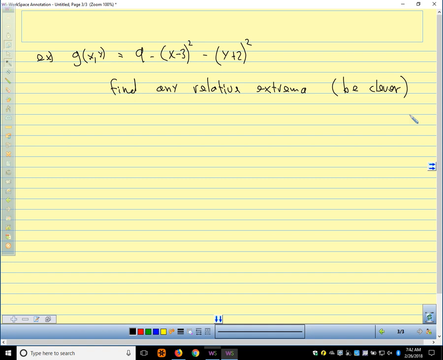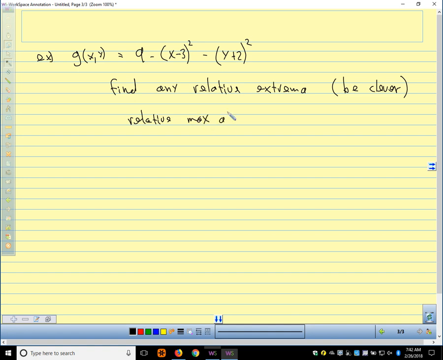Does it open upward or downward? Downward. So the extrema is going to be at the vertex, at (3, -2). And what's the function value at (3, -2)? 9. So we have a relative max.